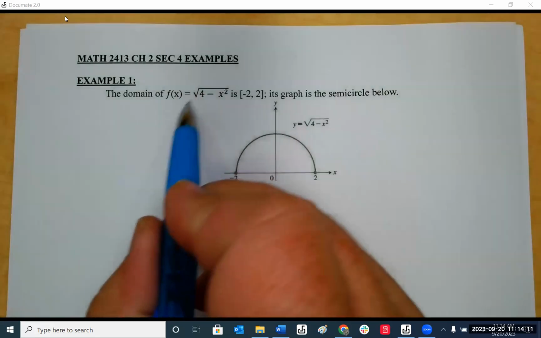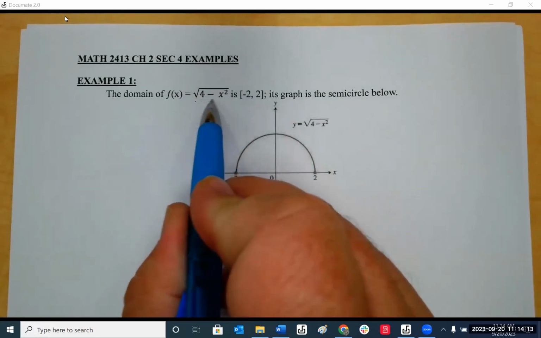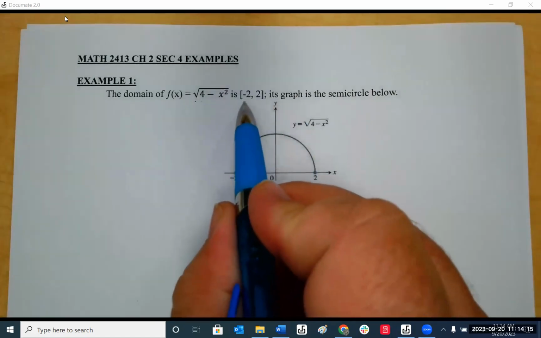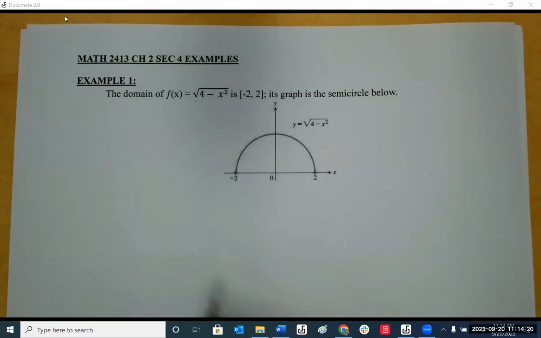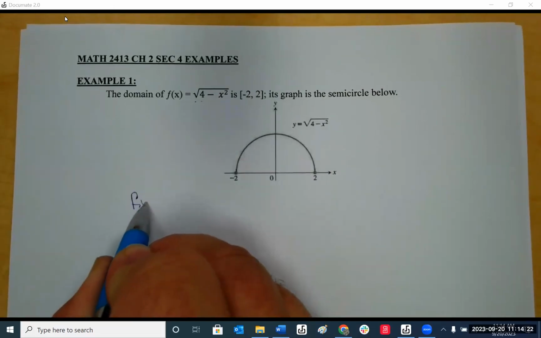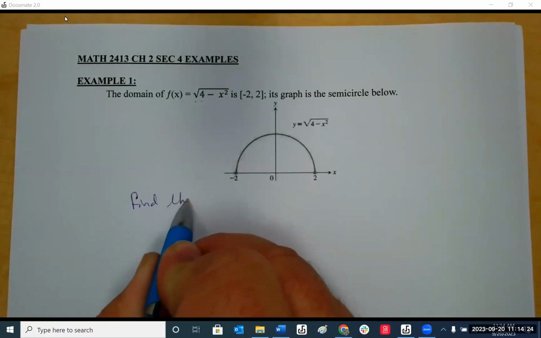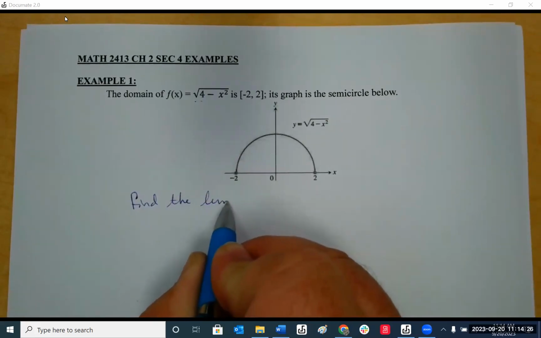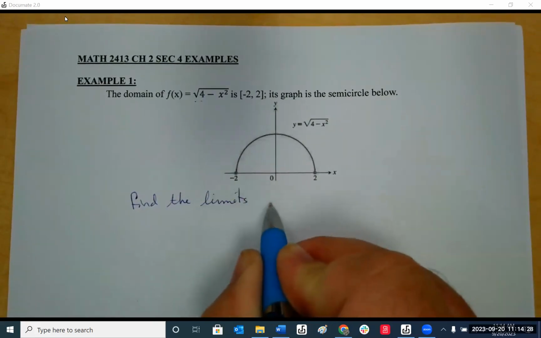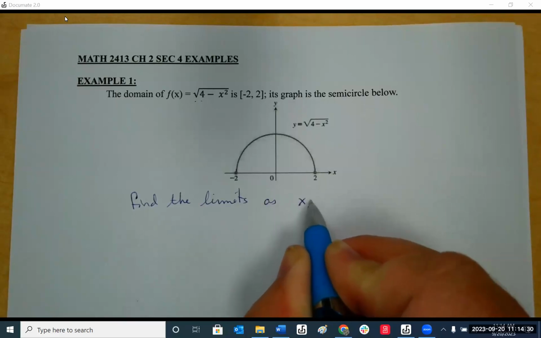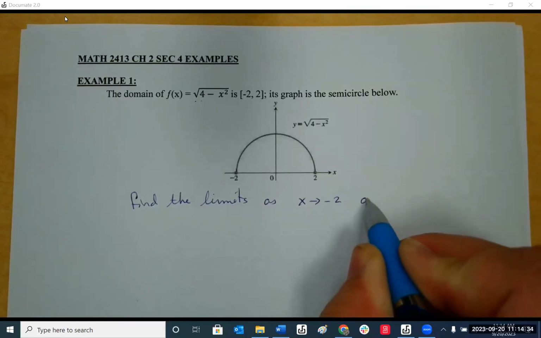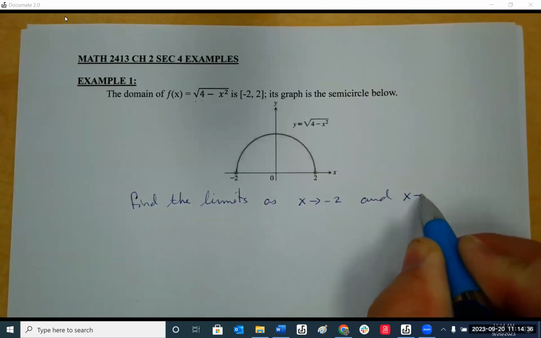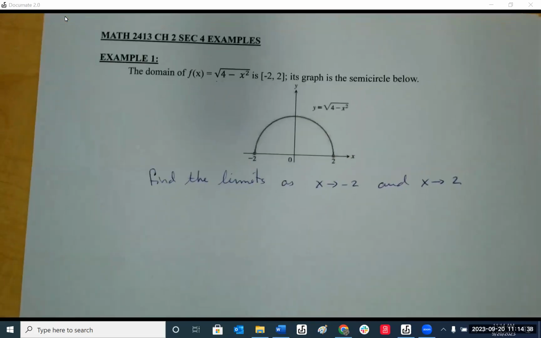The domain of the function f of x equals the radical of 4 minus x squared is negative 2, 2. Its graph is a semicircle. Find the limits as x approaches negative 2 and as x approaches 2.